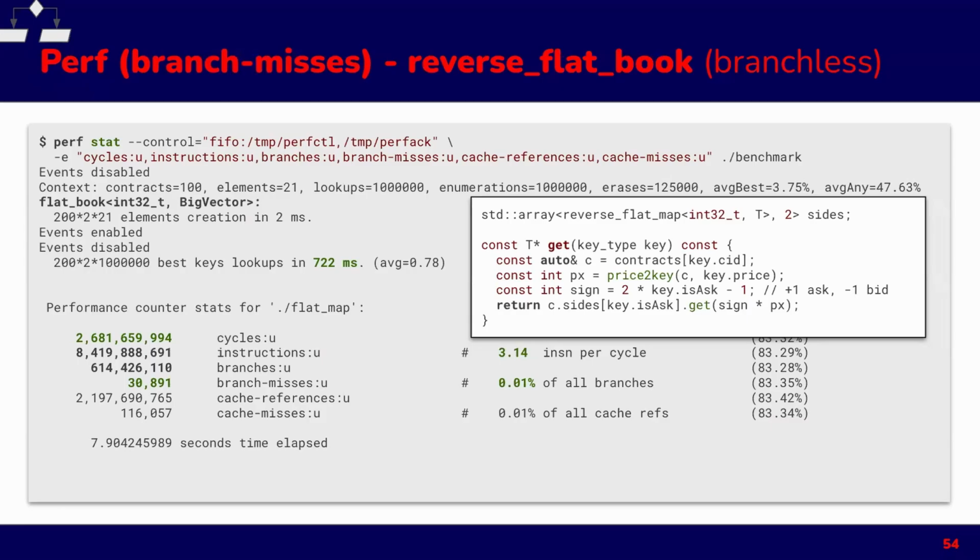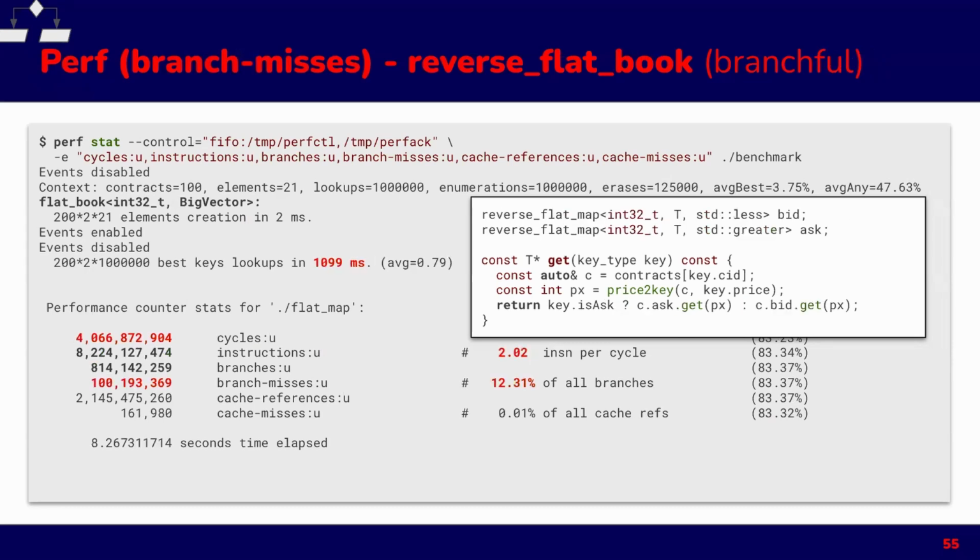So it's completely branchless. We get 8.4 billion instructions, and we get 3.14 instructions per cycle. And this is the branchful version.